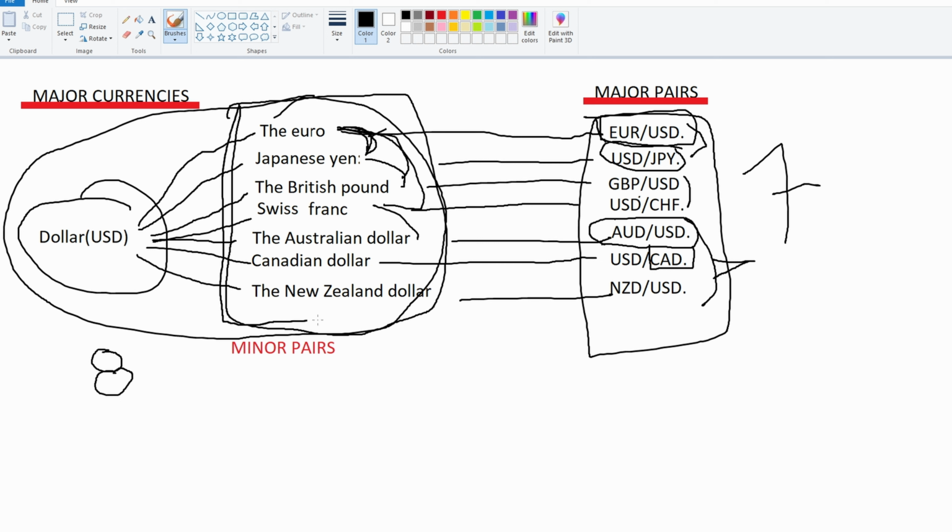Whatever combination you can get from these 7 currencies, those are called minor pairs. And those, they have some good liquidity, but they're not going to move as much as these 7 major pairs. Okay, they're major pairs for a reason. They're being traded constantly throughout the day.